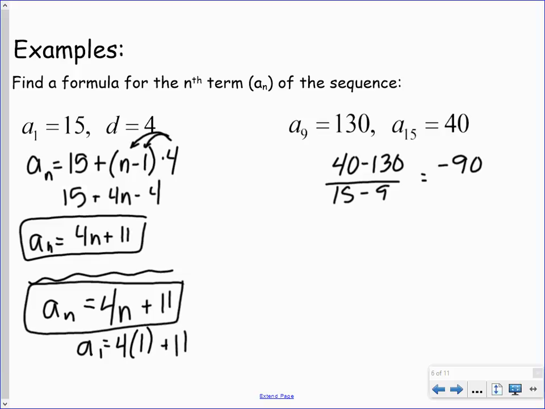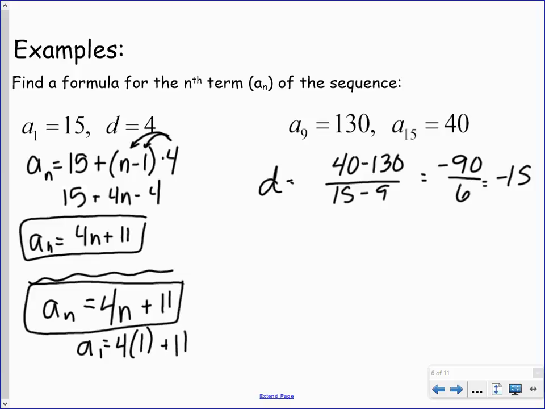And then you said divide by the number of times you moved, or the number of terms that there would be. So that would be divided by 6, which would give us negative 15. So that could be a formula for the difference. What does that look like that you have already done many times before? Finding slope.